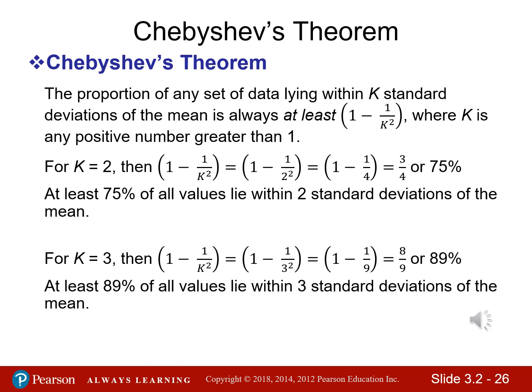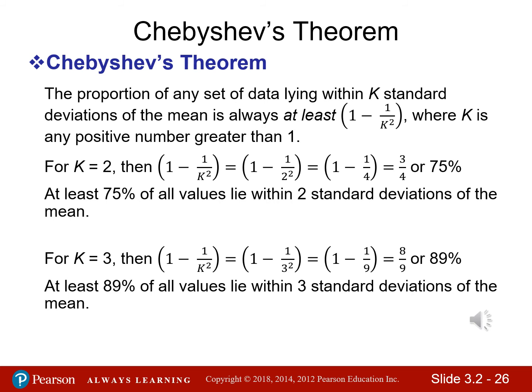Chebyshev's theorem is used to find the proportion of observations you would expect to find within k standard deviations of the mean. For a population or sample, the proportion of observations is no less than 1 minus 1 over k squared, where k is any positive number greater than 1. Let's set k equal to 2.